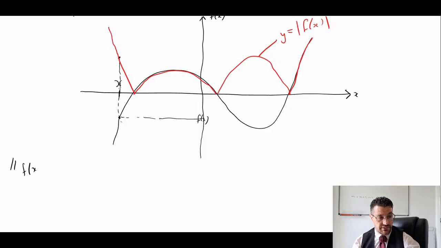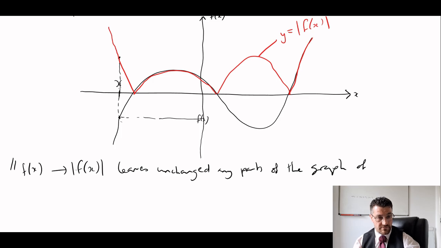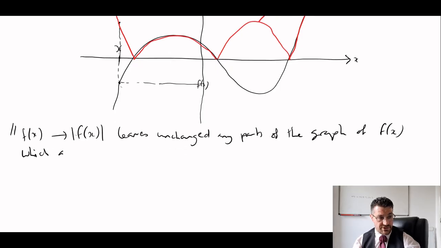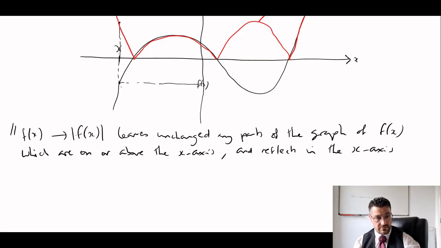So the transformation f of x to modulus of f of x leaves unchanged any parts of the graph of f of x which are on or above the x-axis, and reflects in the x-axis any parts of f of x which are below the x-axis.